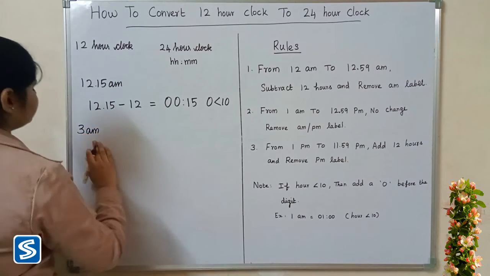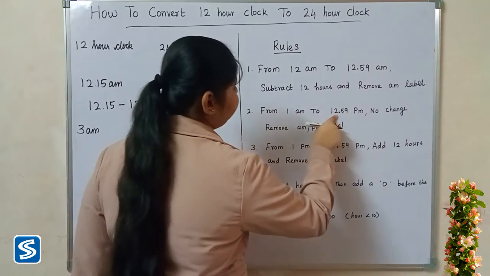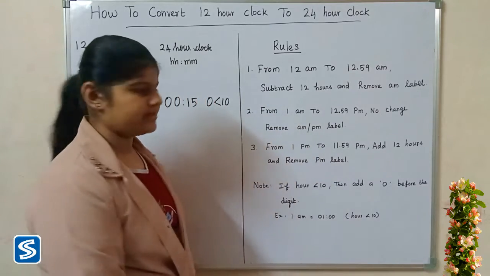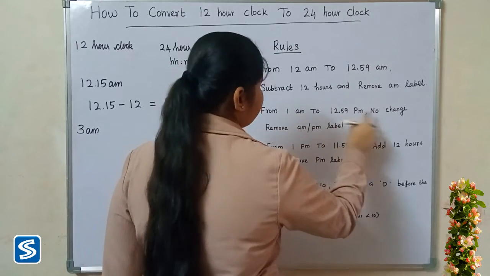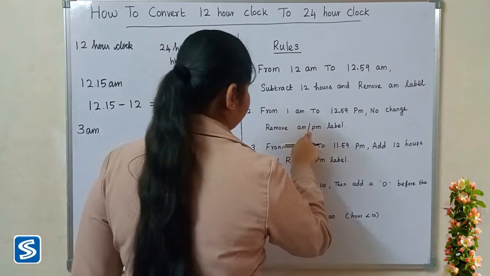3 AM. 3 AM lies between 1 AM to 12:59 PM. So now we have to use rule number 2. Rule number 2 says that from 1 AM to 12:59 PM, there is no change in hours and minutes and we have to remove AM or PM label.